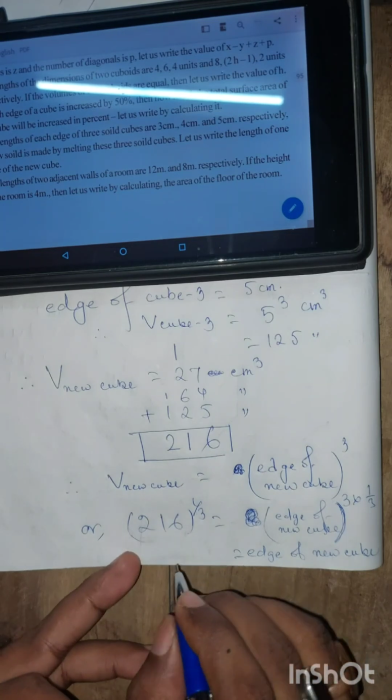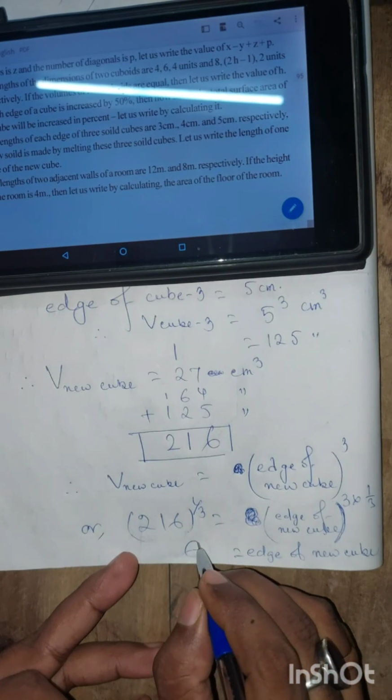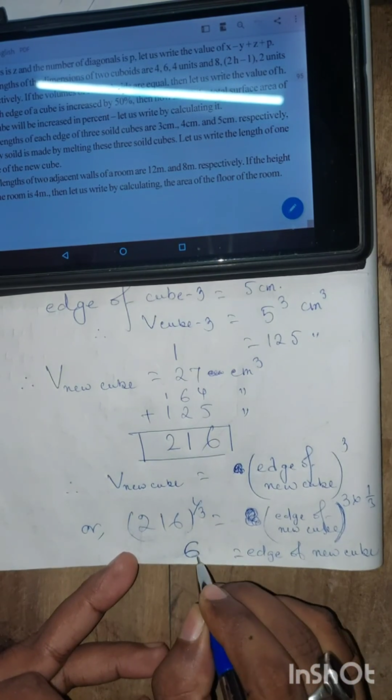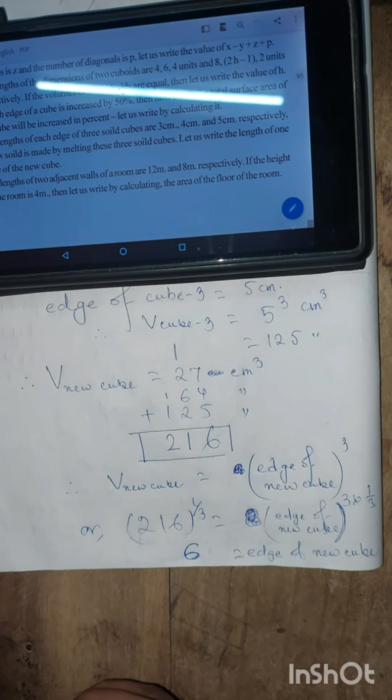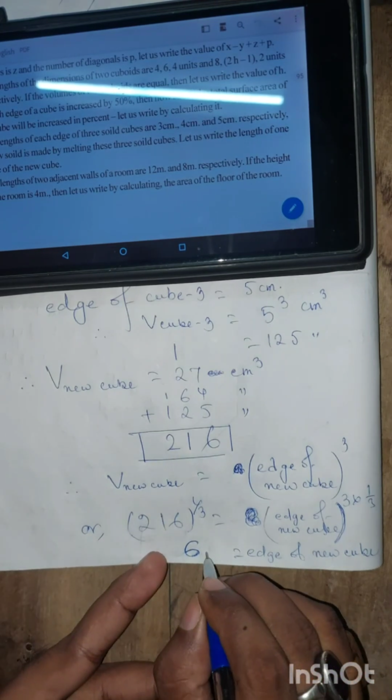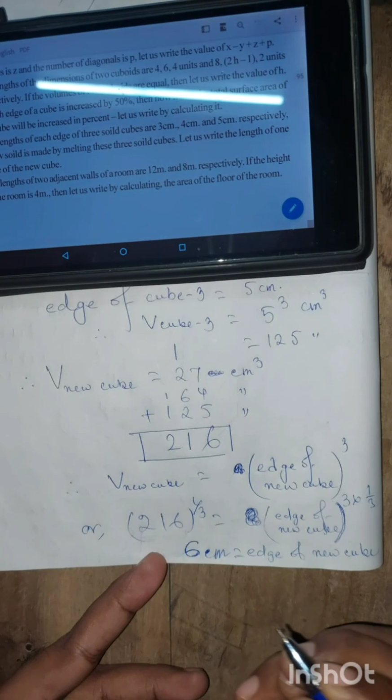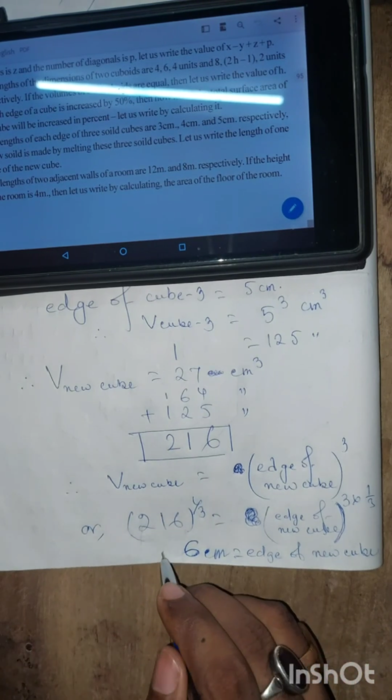So this is our 6. So edge of new cube is 6 centimeter. Okay, this is our answer.